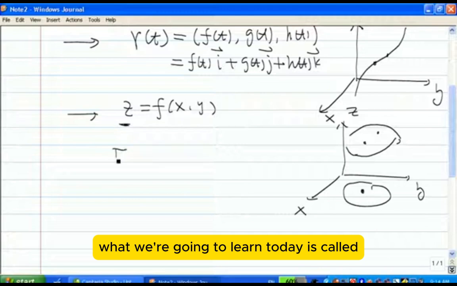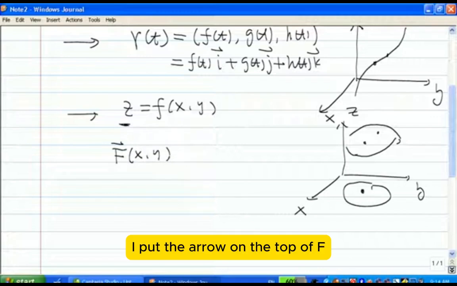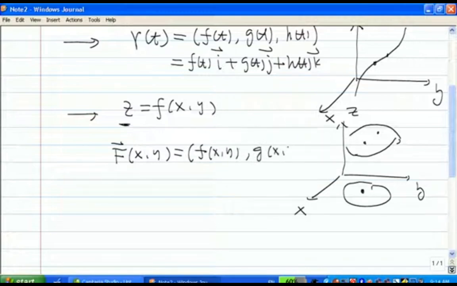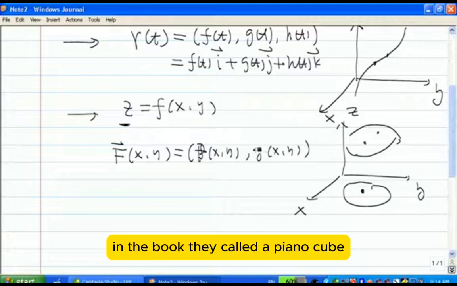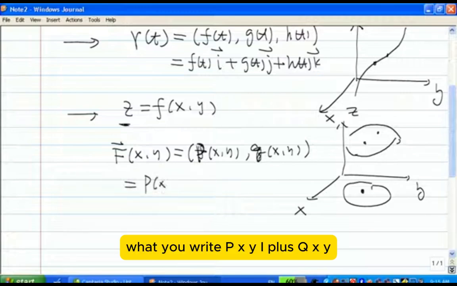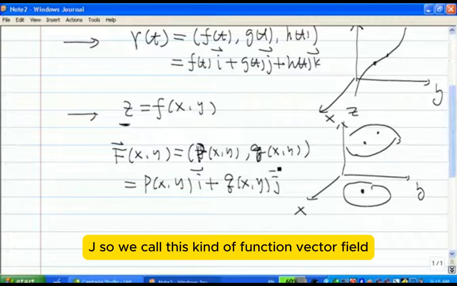What we're going to learn today is something like this. I put the arrow on the top of F, which means F itself is a vector. You can write it, say, with 2 components. Could be 3. In the book, they call them P and Q. Or you write P(x, y) i plus Q(x, y) j.